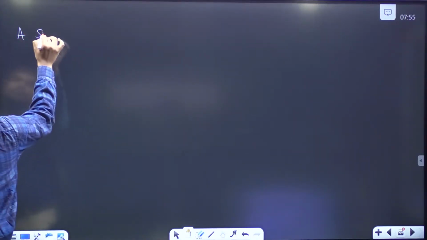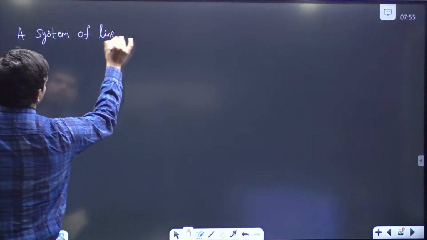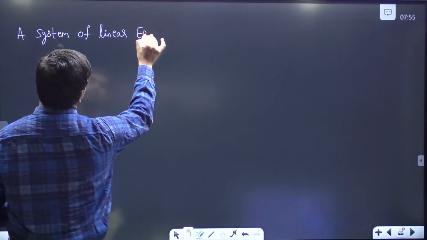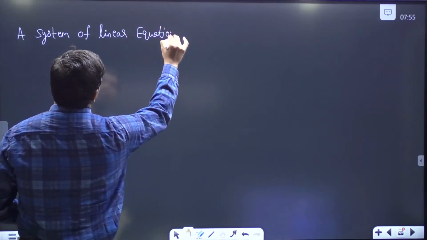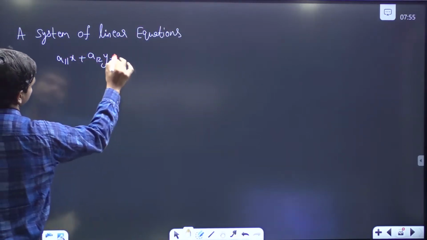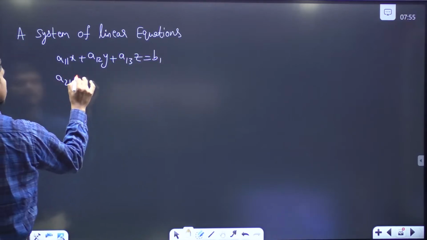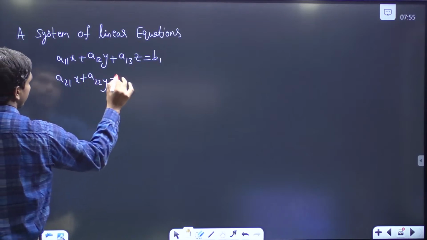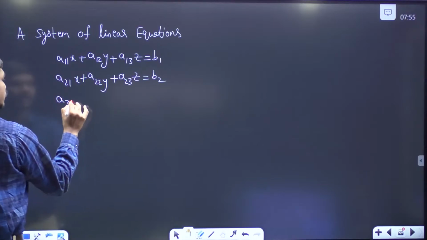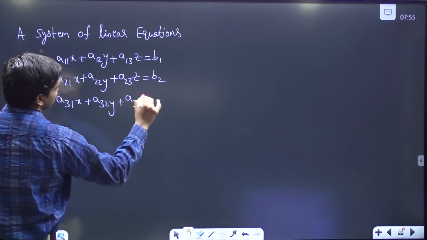A system of linear equations, a11x plus a12y plus a13z is equal to b1, a21x plus a22y plus a23z is equal to b2, and a31x plus a32y plus a33z is equal to b3.